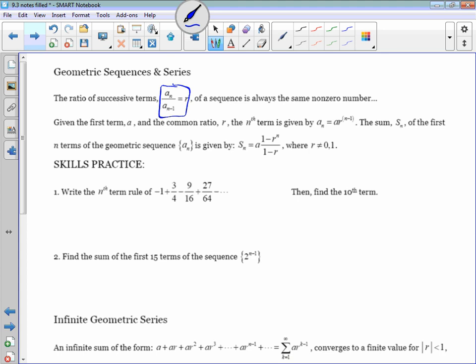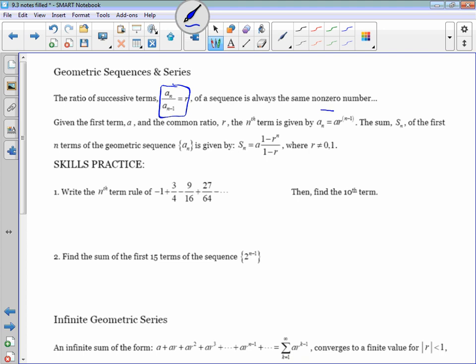Okay? So if you ever need to find it when you're given, like if you look at this rule, if I need to find r, you can always do like 3/4 divided by -1. That will give you your r. Okay, so a term divided by the term in front of it. Okay, then we have some other formulas.